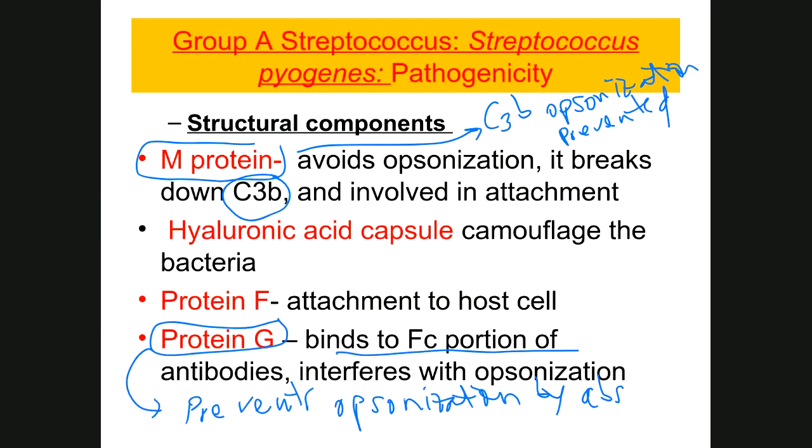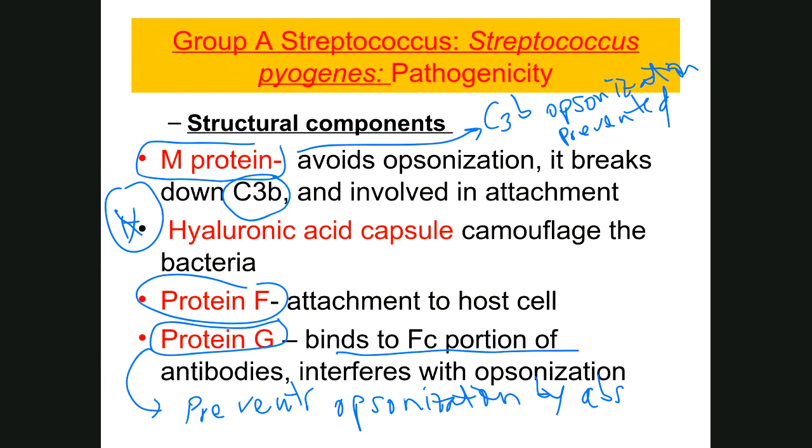Protein F helps the cell attach to the host cell. So F for the fimbria that helps the cell attach. Now this one is a little bit more interesting, a hyaluronic acid capsule. Some strains of group A strep have been found to make a capsule made of hyaluronic acid, which is a compound found in our connective tissue.